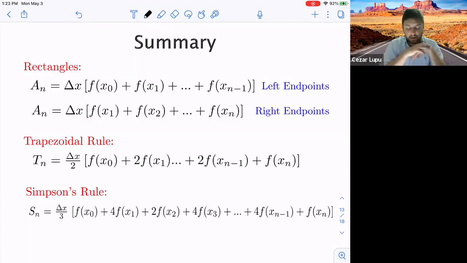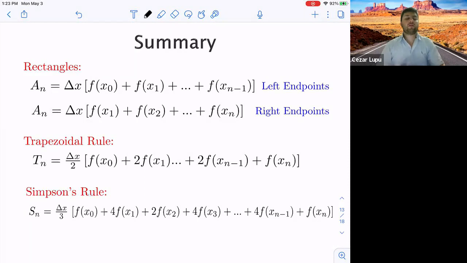Now, the second one is by using the trapezoidal rule. And in this case, you see an approximation which is better. You see that number Tn, which is delta x times f of x0 plus 2 f of x1 plus ... plus 2 f of xn minus 1 plus f of xn.